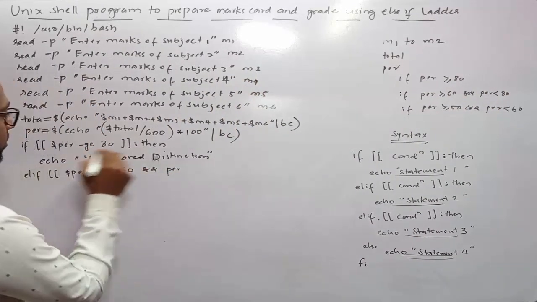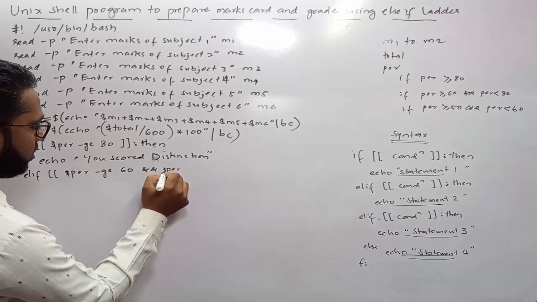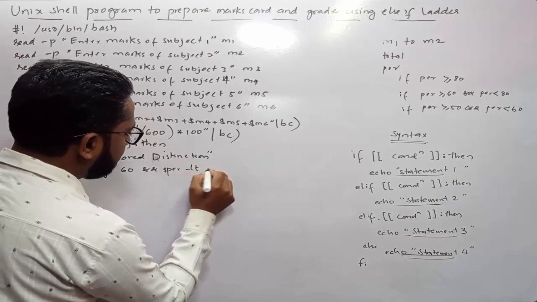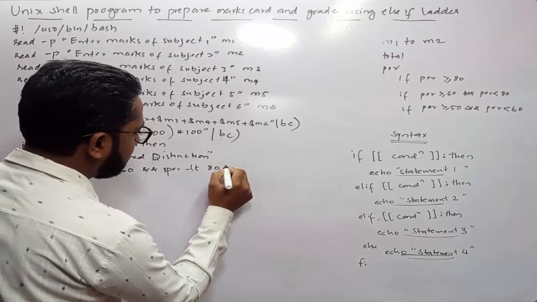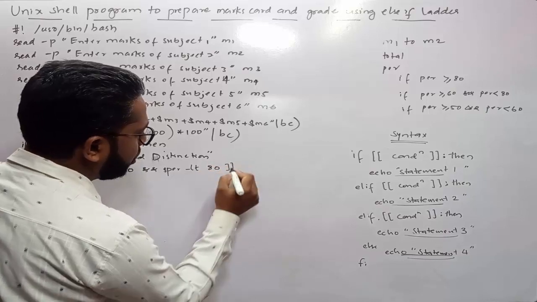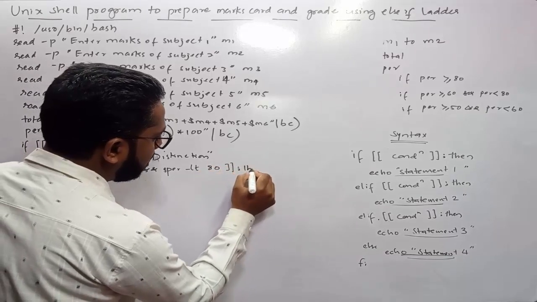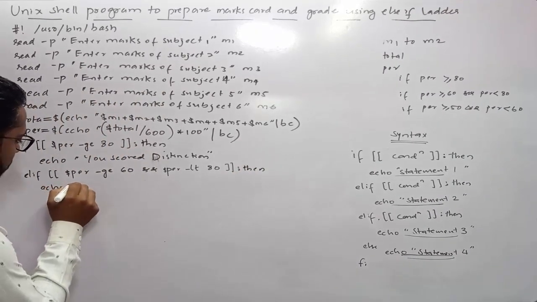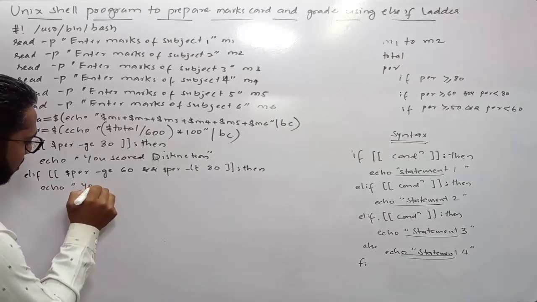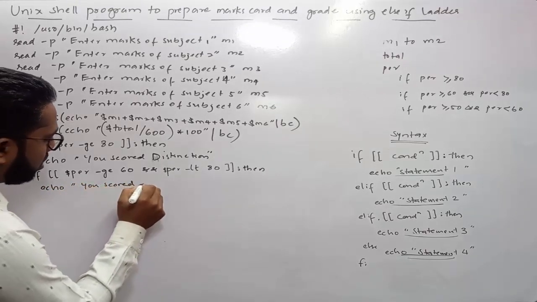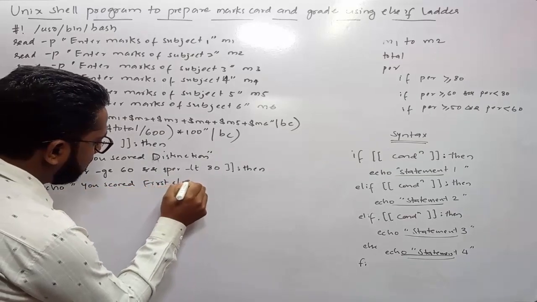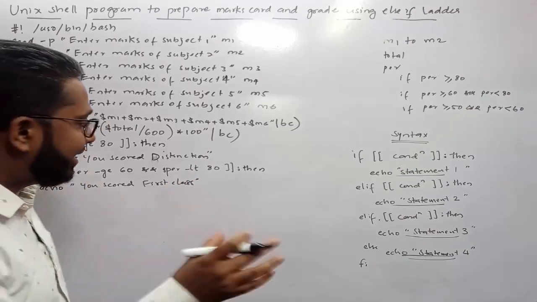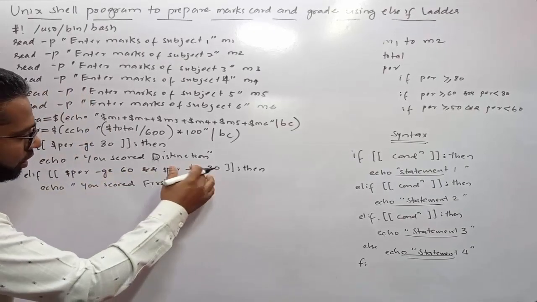Yes, I need to use dollar here. Yes, dollar PER space LT space 80 space two close brackets semicolon, then keyword then, we will print echo "you got first class".